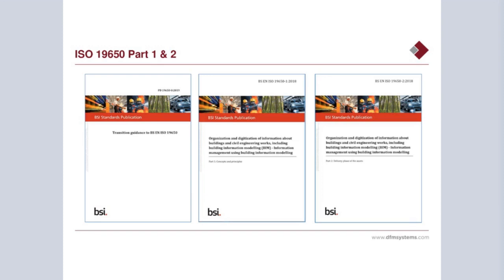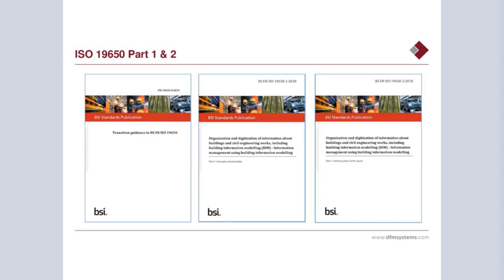So the old standard PAS 1192 was replaced about 18 months ago by ISO 19650, which is now a current international standard. The slides I've put up on the screen are the UK versions of ISO 19650.